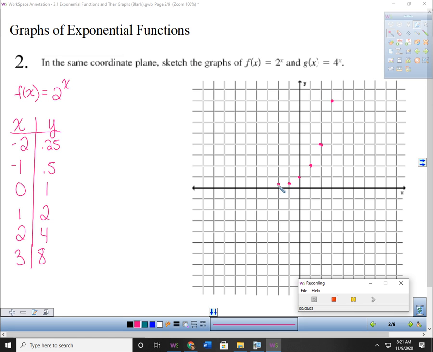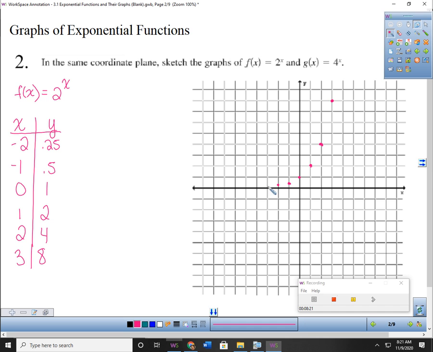So now when you draw this, this gets really close to the x-axis, but it never actually touches or crosses, right? So what I like to do is, my point right there is a little bit high.